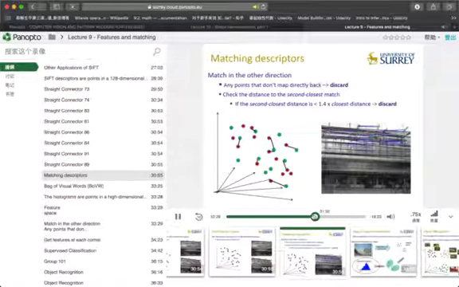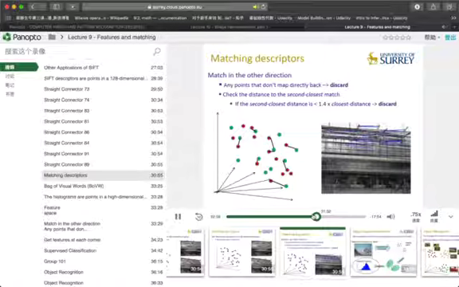But there will be other situations, for example, like this green point here, where this is clearly the closest match, but the second closest red point is quite far away. In fact, it's greater than a certain scale factor. Typically, we choose 1.4. So this is a great match, because it shows not only that it has a bijection, a two-way match, but also that the second closest match is considerably further away than the closest match.